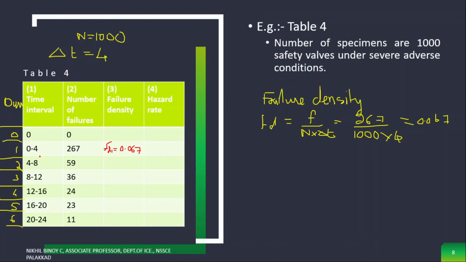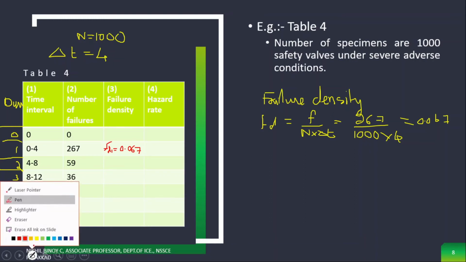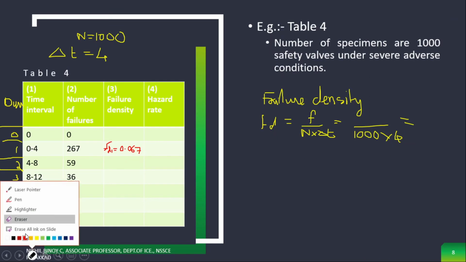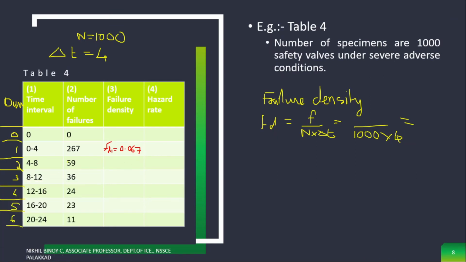Now the failure density corresponding to the second duration. We have to replace the numerator because the denominator is always the same. Only we have to change the numerator. The numerator corresponding to the second duration is 59, the number of failures. So 59 divided by 1000 into 4.